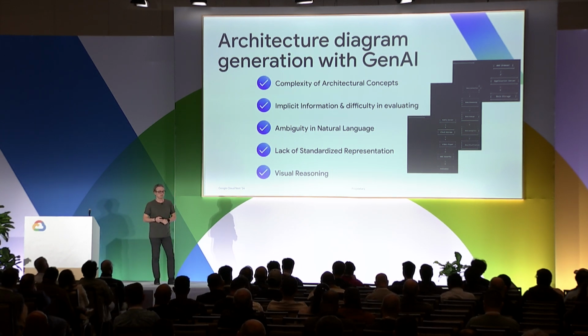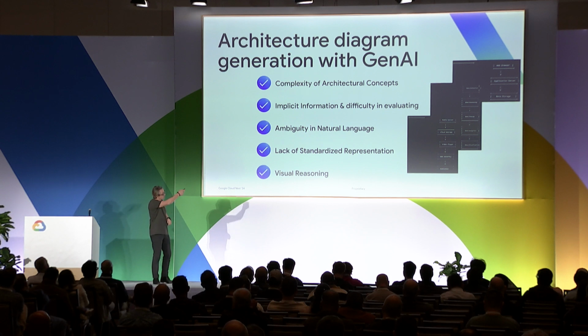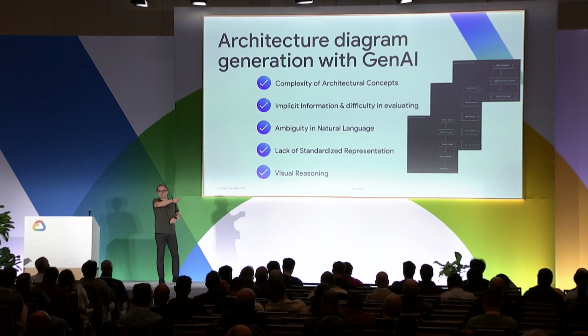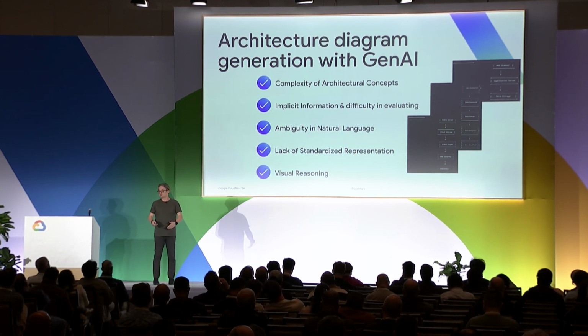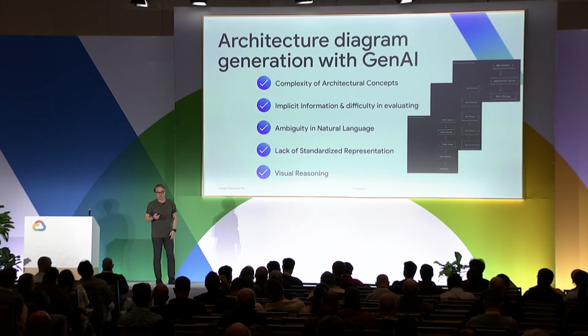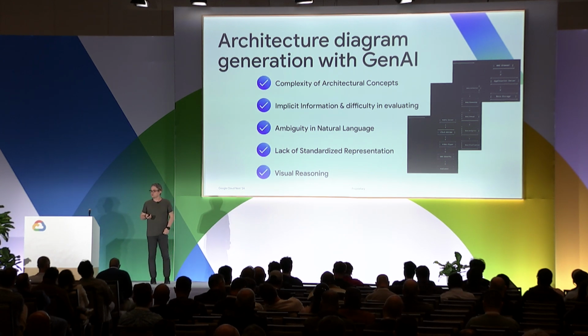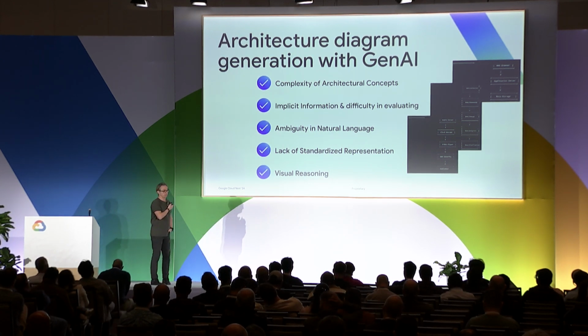Sometimes it will just resort to some kind of verbose explanation of the solution architecture. Okay. So what you see right there is the output to some queries like, show me a diagram of that architecture. And that's what you get. Okay. The thing is that there are some good reasons for you to get that kind of output.